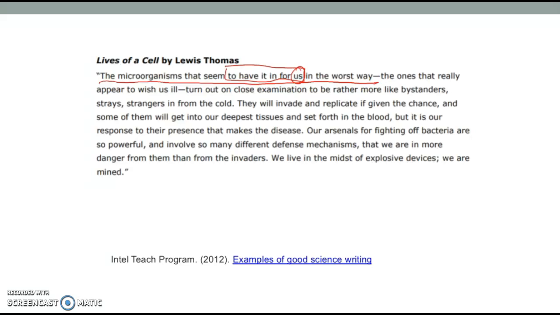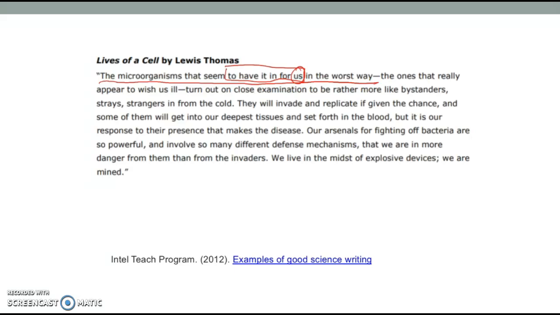And then the expression "to have it in for somebody" means that, in this case, microorganisms are trying to do something bad to us. It's a very informal expression. Somebody would speak like this, but you wouldn't find this in formal writing.